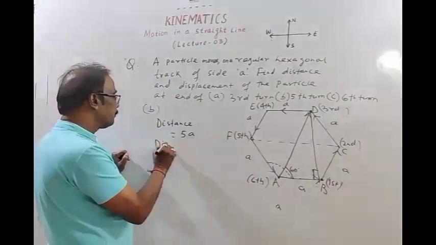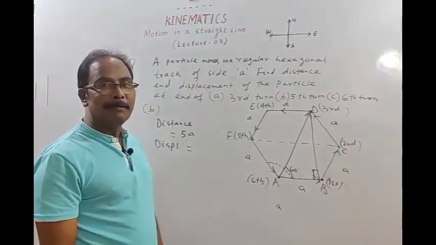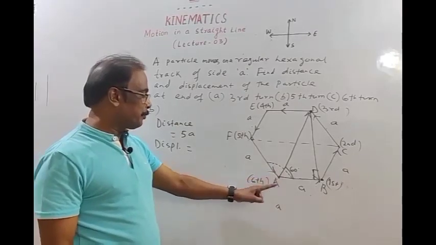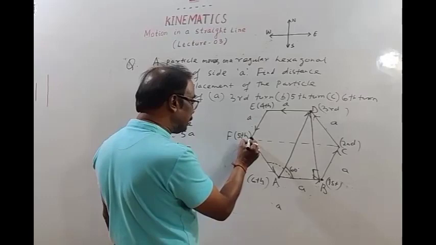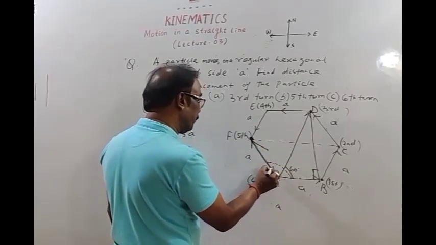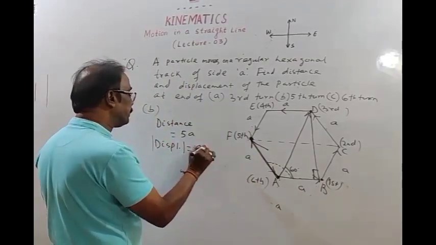Then displacement is the shortest path directed from initial to final position. The particle starts its motion from A, and at the end of fifth term the particle is at F. So displacement is the shortest path directed from A to F. This is a. Magnitude of displacement is a.